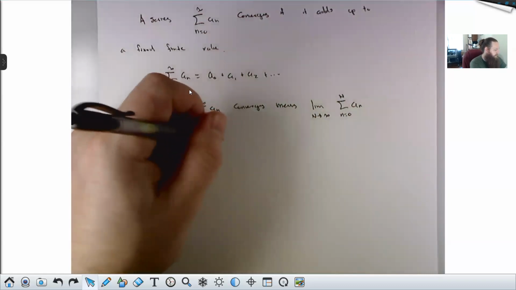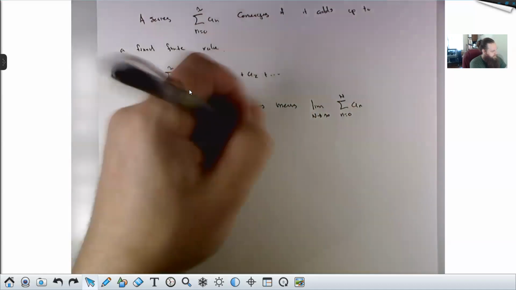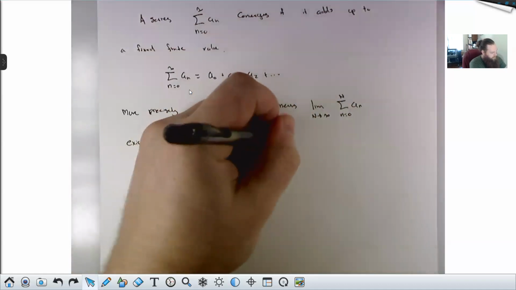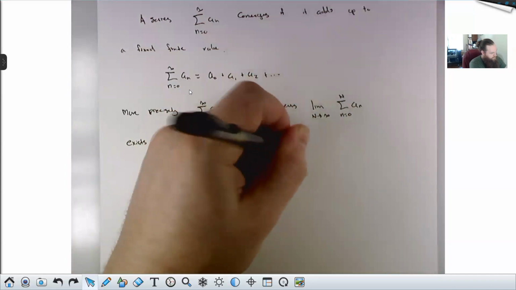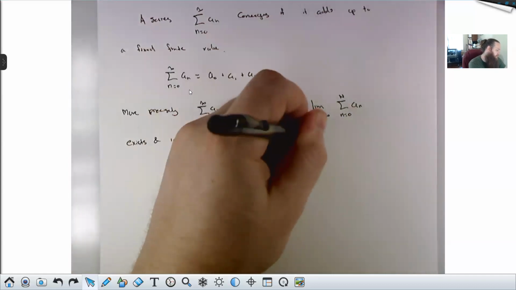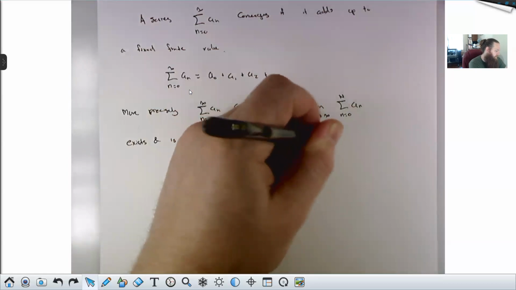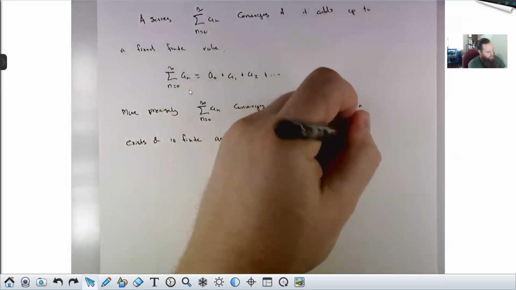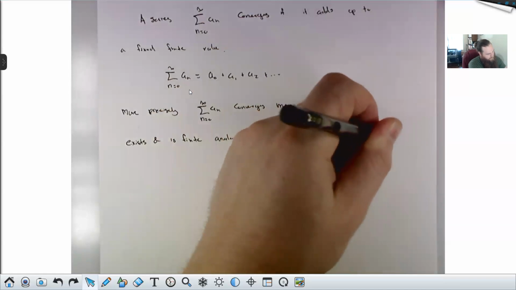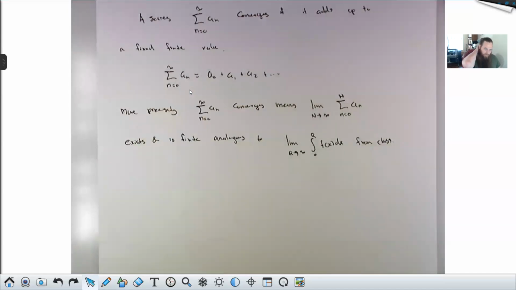And this is very much analogous to the limit as R goes to infinity of the integral from 0 to R of f of x dx from class. Right, so infinite series are very, very similar to improper integrals. They're basically the same thing. And then a power series is an infinite series, but with some powers of x in it. There's a bunch of ways to think of them. For our class, the nice way to think of them is as infinite polynomials.